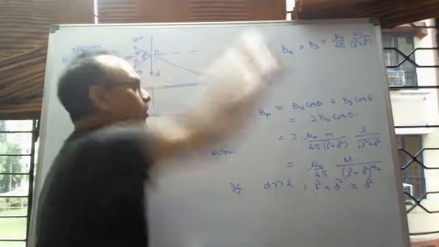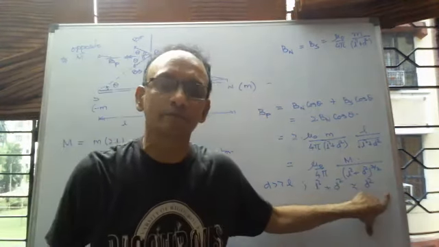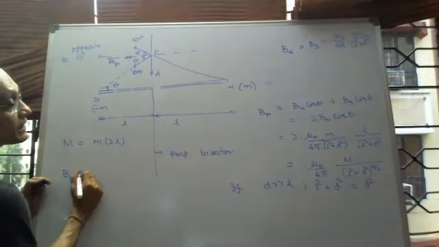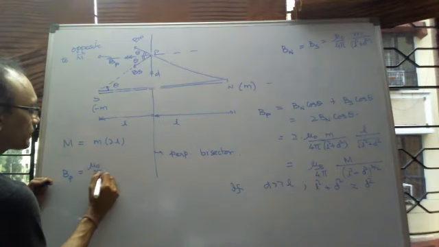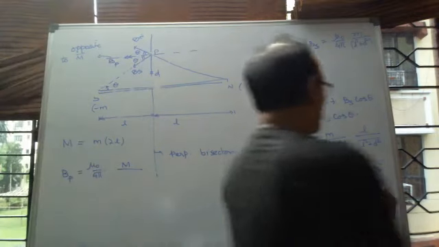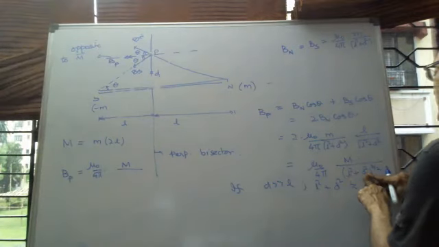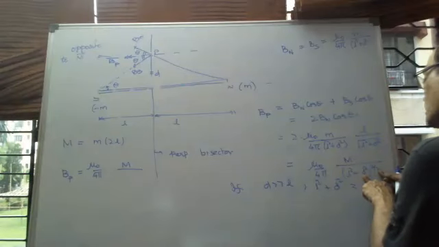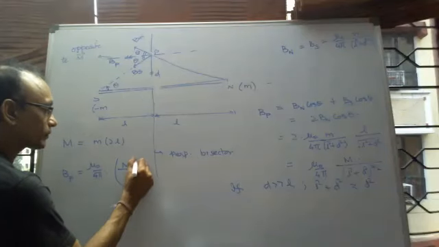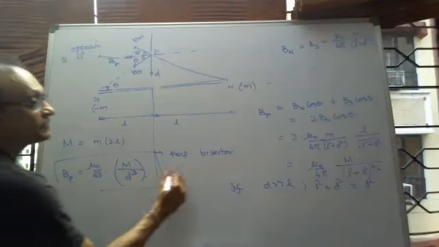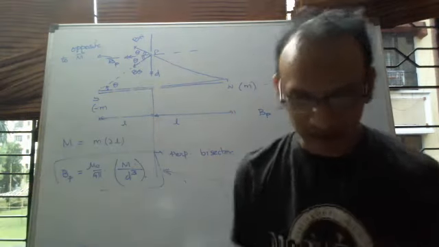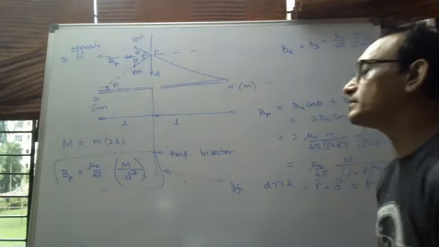So then the field at P is mu naught by 4 pi into magnetic moment M divided by d cubed, since the square root of d square cubed gives d cubed. This is on the perpendicular bisector of the magnet, where M is the magnetic moment of the magnet.